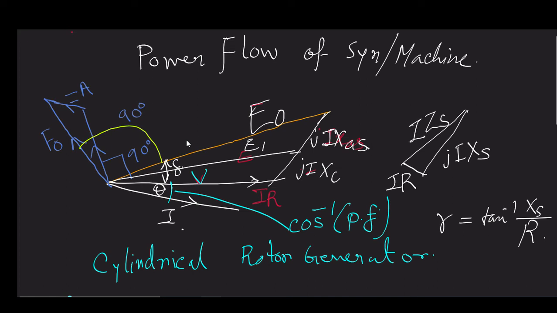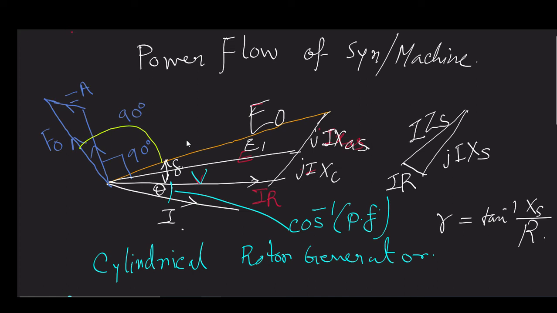Even if you consider that your IR is in phase with your V, still this will become this, and delta is equal to 90 degrees, isn't it?